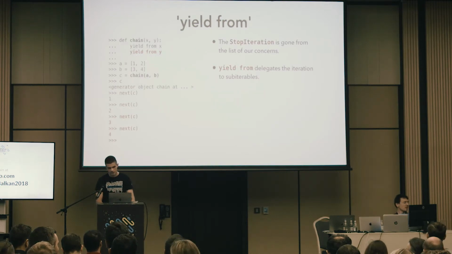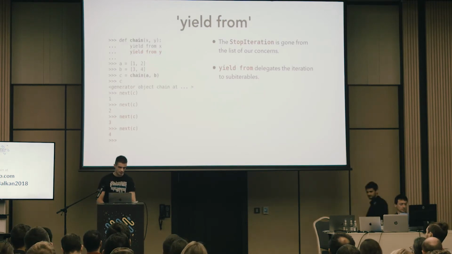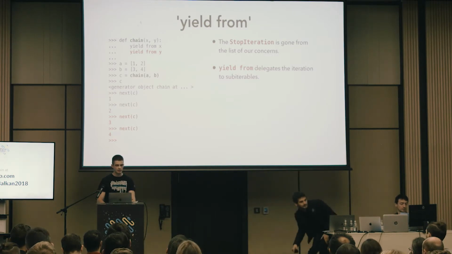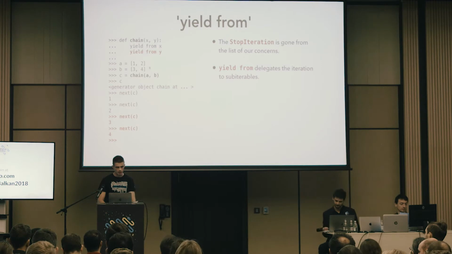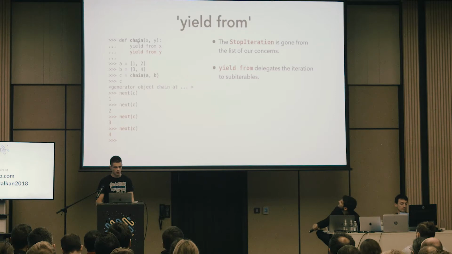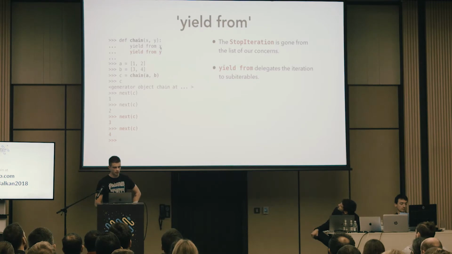Okay, this yield from stuff is very important, so let's go over it again. It delegates iteration. What do I mean by that? I'm sending something iterable to a yield from expression, and if I call next on this chain object, I'm actually not calling next on the chain object, I'm calling next on this x right here until this x is exhausted.